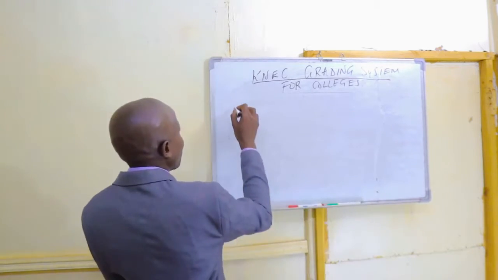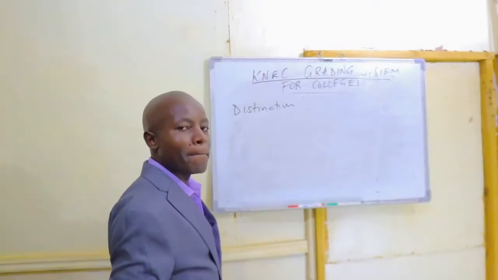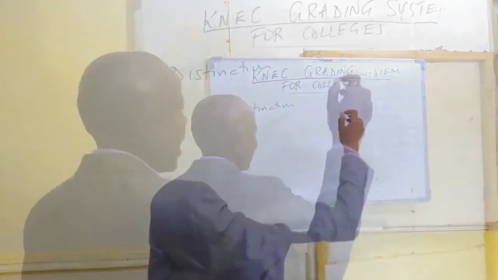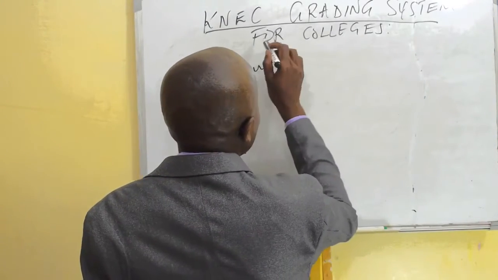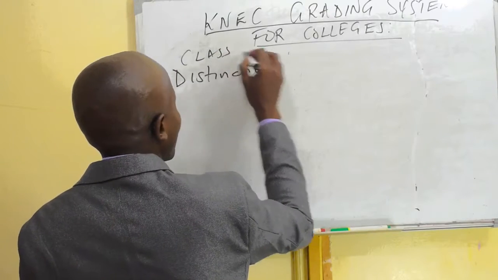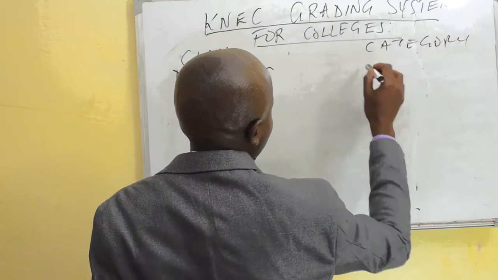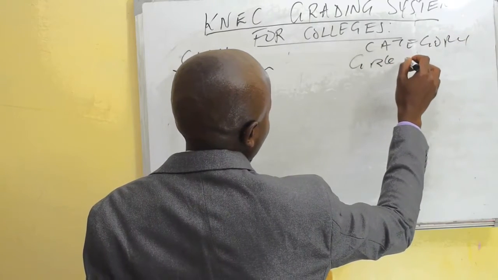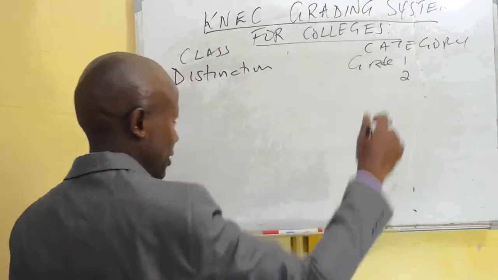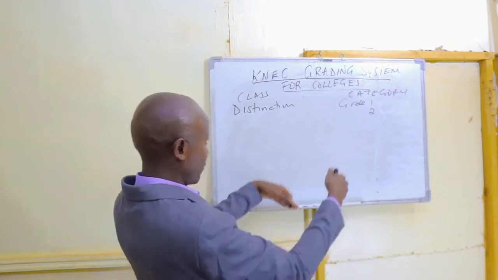The classes are the highest one, distinction, pass with a distinction, that's the best, you are shining. And this you get, the category will be grade 1 and 2. There's a difference in the marks between grade 1 and 2. I'll be showing you the exact marks after this.